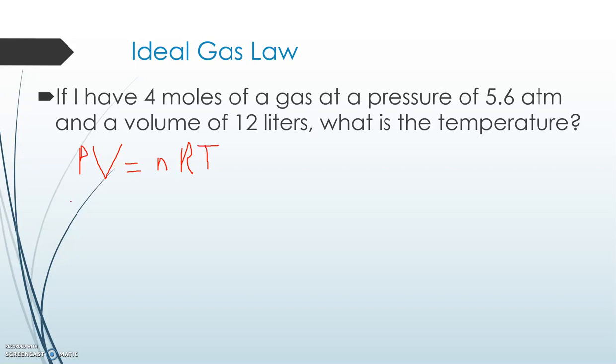So first let's identify our variables. Pressure, or P, is 5.6 atm. Volume, or V, is 12 liters.